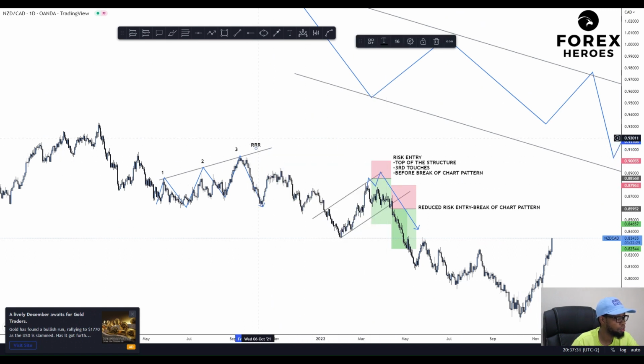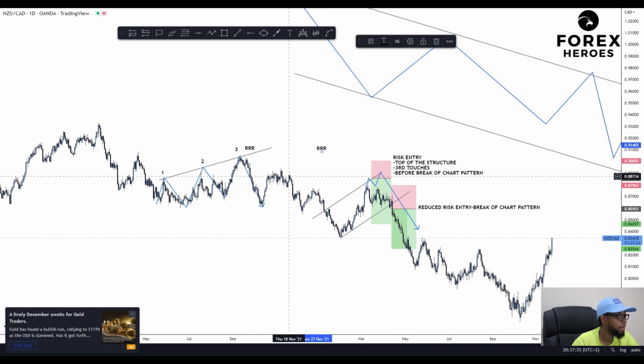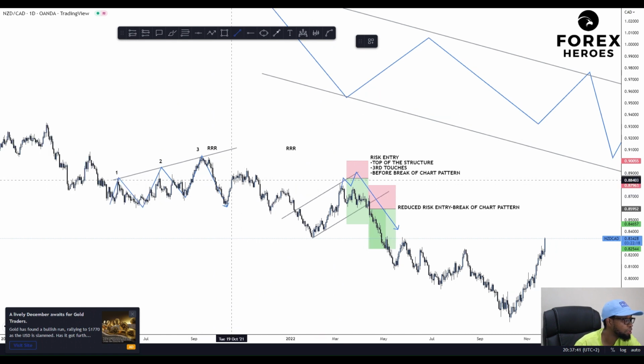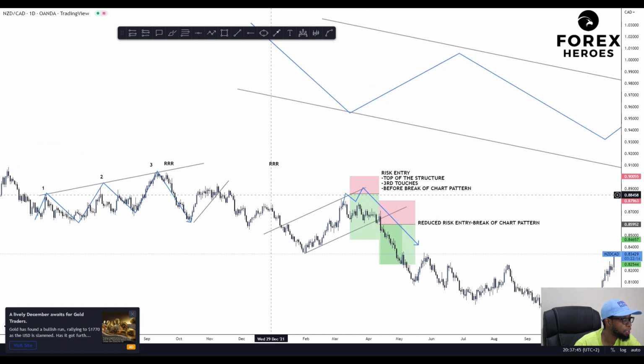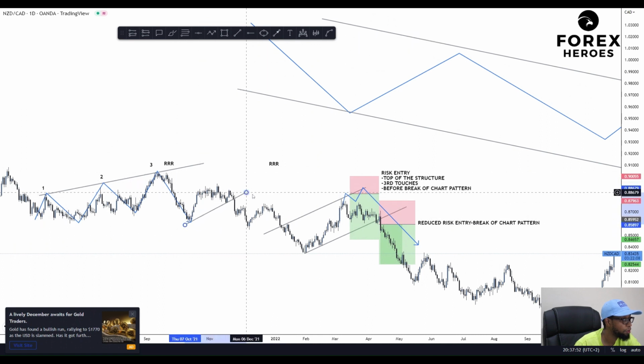This entry will be here at the touch, and then at the break, we might be having a break somewhere. Let's see. Yeah, we can be having a break.